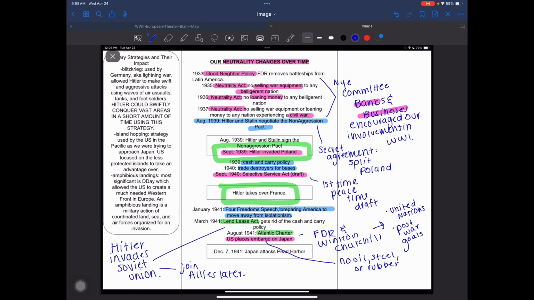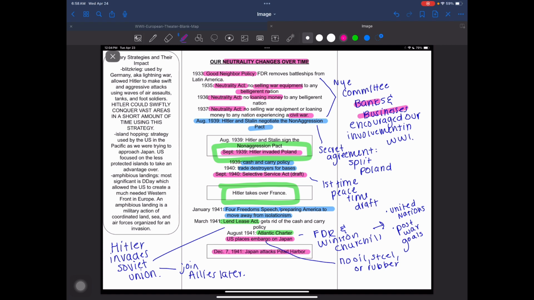And after we do this, Japan actually tries to be a little slick, and they try to tell us that they're going to stop and they're not going to continue these acts. They even send representatives to Washington, D.C. with peace medals, and we're meeting and trying to work on our relationship. And the whole entire time that they're doing that, they were actually planning the attack of Pearl Harbor.